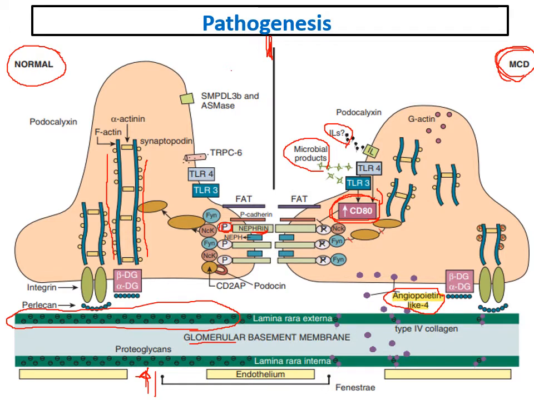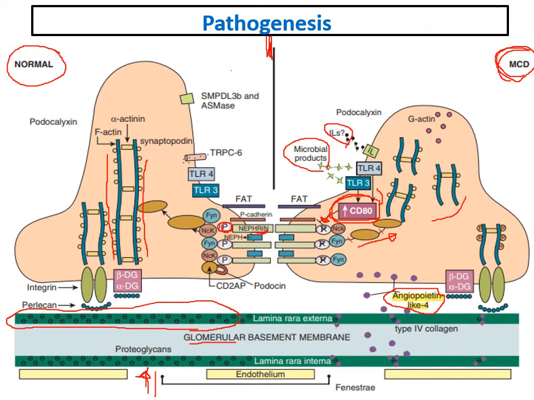This increased level of CD80 will lead to decreased phosphorylation of nephrin. When there is no phosphorylation of nephrin, there is no help to the cytoskeleton.